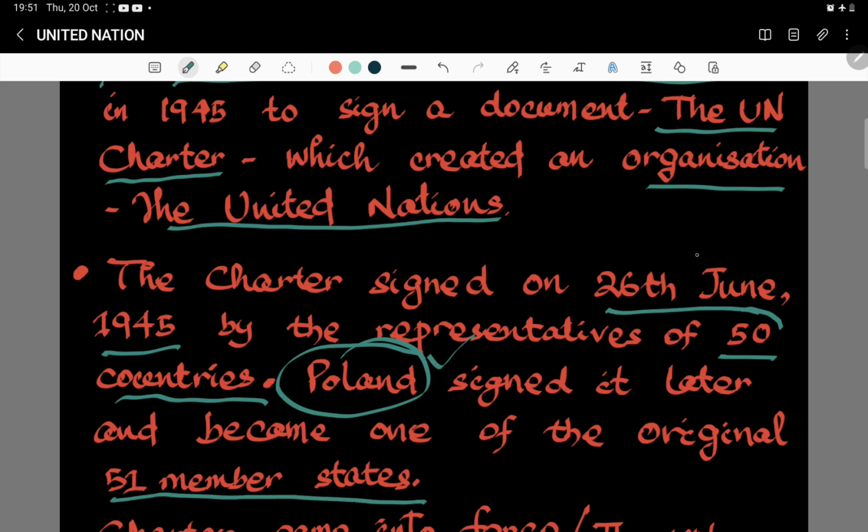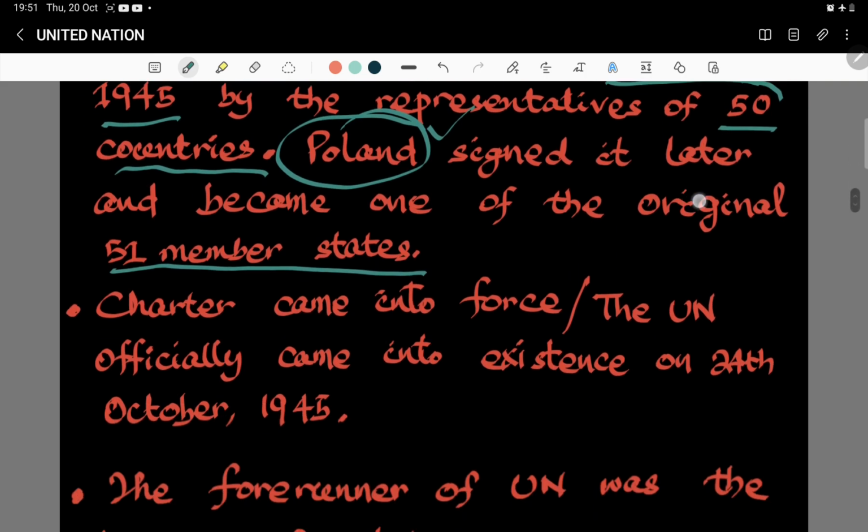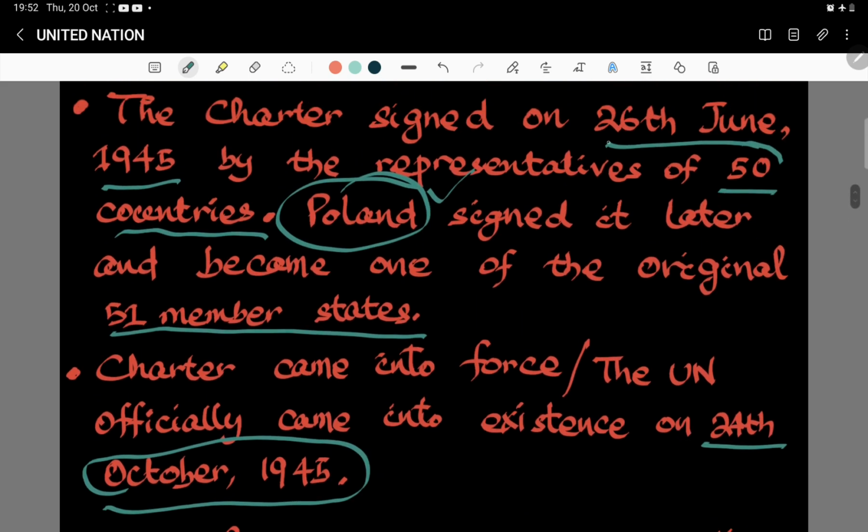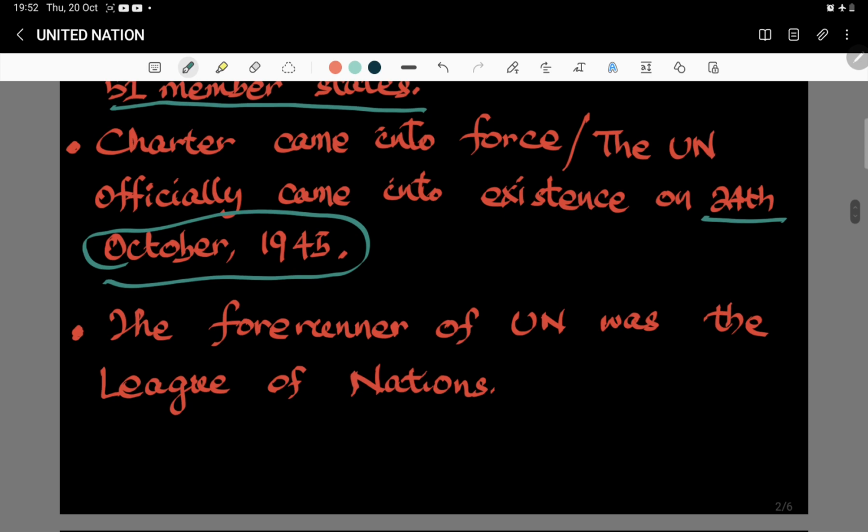Poland did not sign on 26 June, but signed later and became among the 51 member states. The charter came into force on 24th October 1945. It was signed on 26 June 1945, but came into existence officially on 24th October 1945.